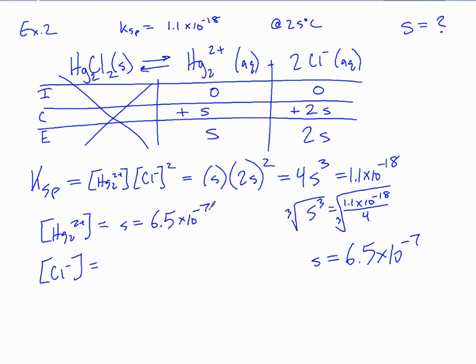What are my units here? You're going to have units here, molar. Concentration of Cl minus at equilibrium is 2S, and so we have 2 times this number, 1.3 times 10 to the minus 6 molar.